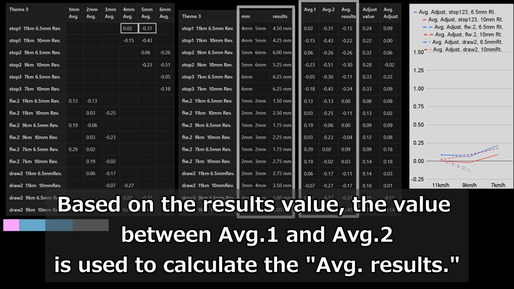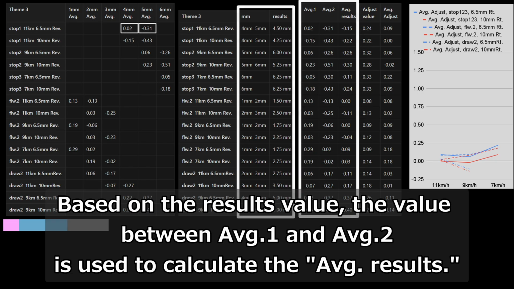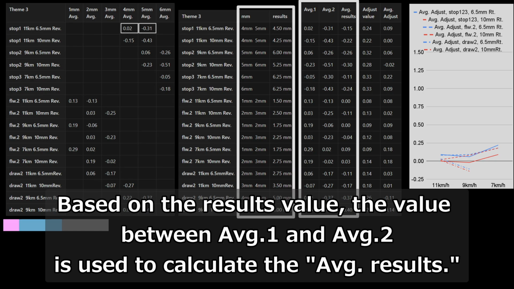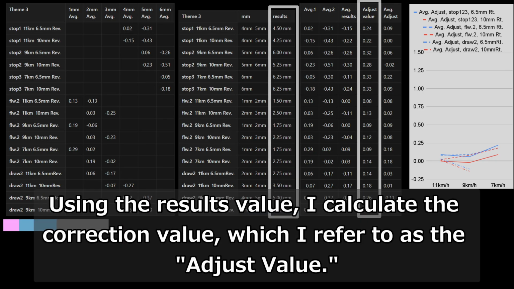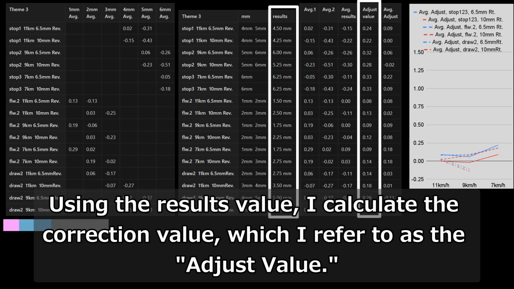Based on the results value, the value between average 1 and average 2 is used to calculate the average results. Using the results value, I calculate the correction value, which I refer to as the adjust value.